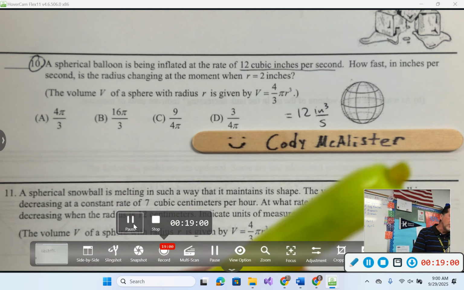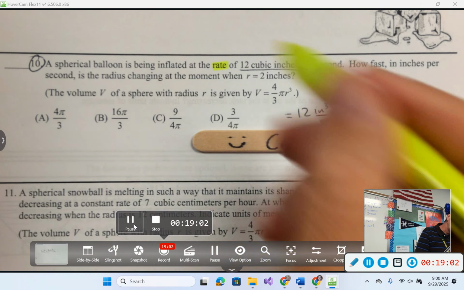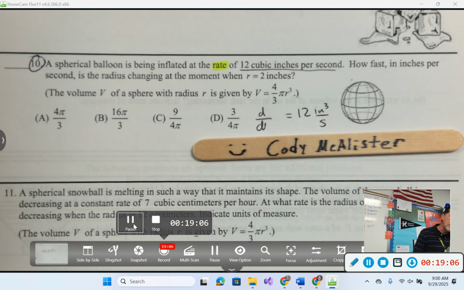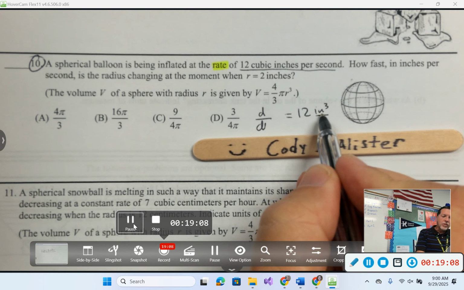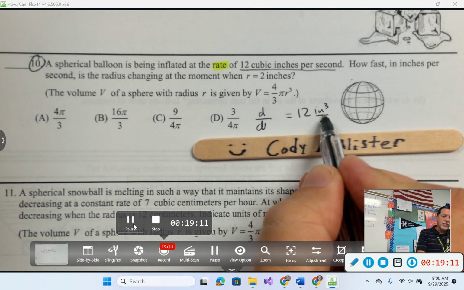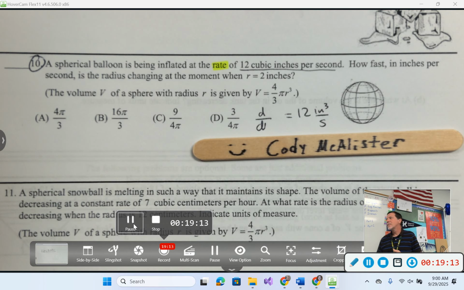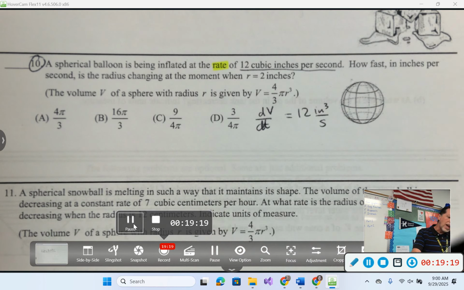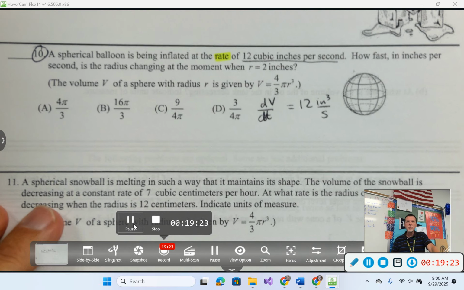It's a rate, so I know it's a derivative. So it's d something. So look at the units. What is inches cubed a unit of? Volume. And what is seconds a unit of? Time. So what it gave me was dV/dt, 12 cubic inches per second.